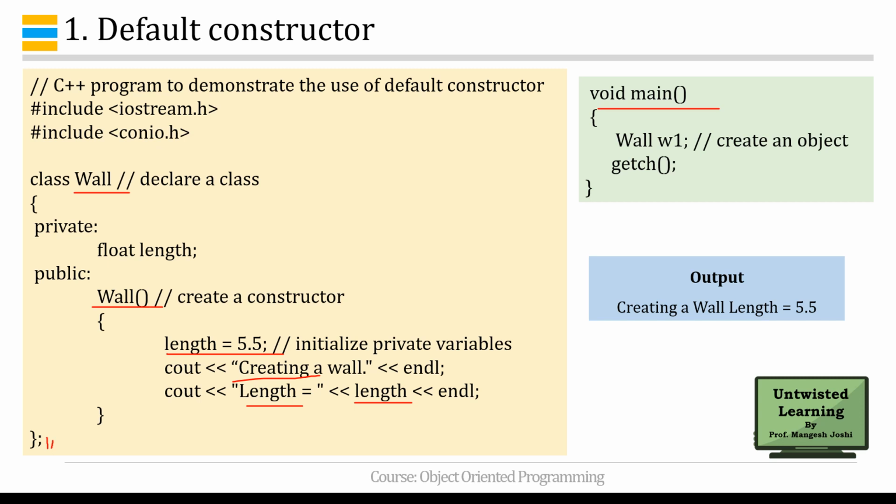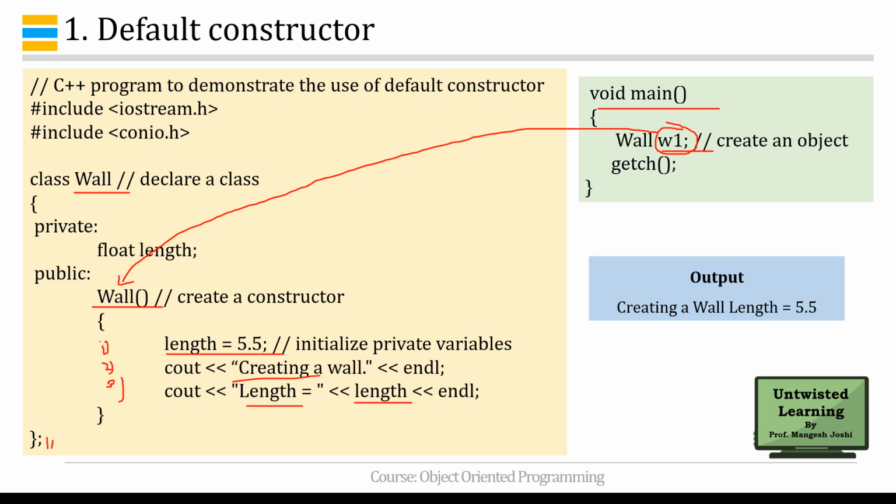In void main, you have declared an object w1 of class wall. As soon as the object is created, it will automatically call this constructor, and these three program statements will be executed.